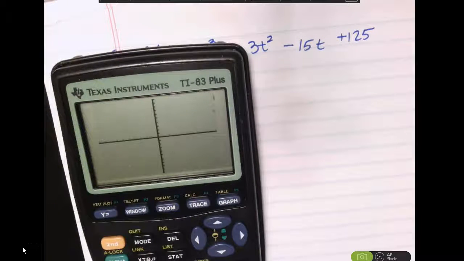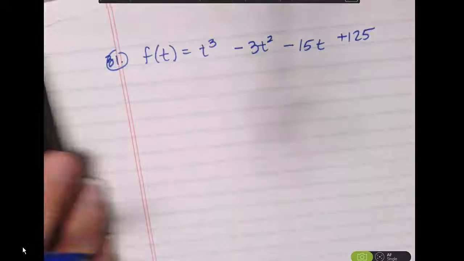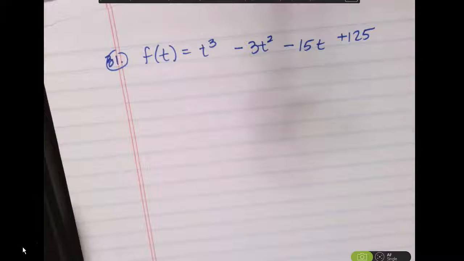Let me zoom back in to change my window. Let me use a graph to figure out what some of those will be. I'll go x to the third minus 3x squared minus 15x plus 125.